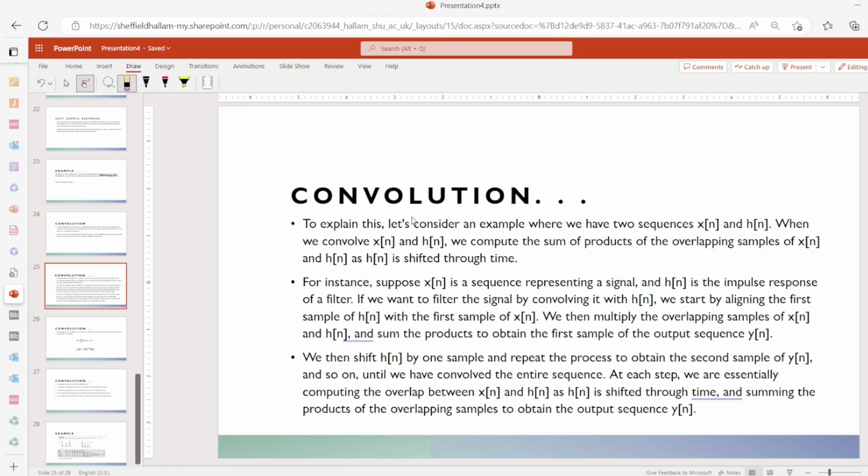To explain this, let's consider an example where we have two sequences, xn and hn. We can think of xn as an input signal and hn as a system response.